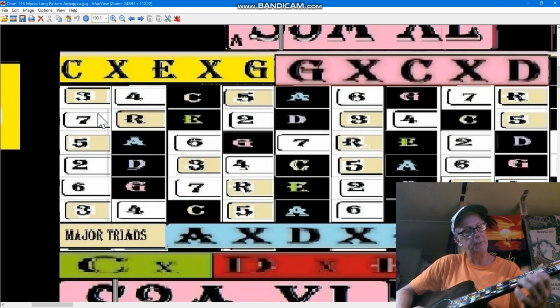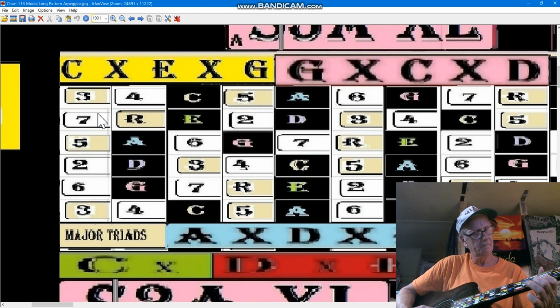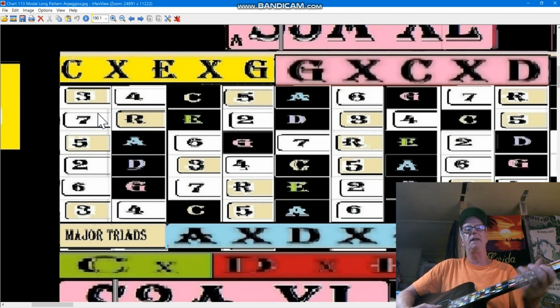See how I led up to that? So something like that, where you outline that G, but in the diatonic of the root.